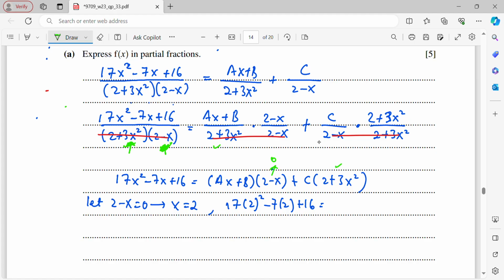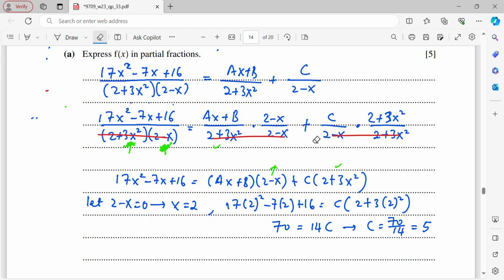Then I can find c directly. So here I get c times (2 plus 3 times 2 squared). For the left-hand side, it will be 70. Right-hand side, it will be 14c. So c is 70 over 14, which is 5.